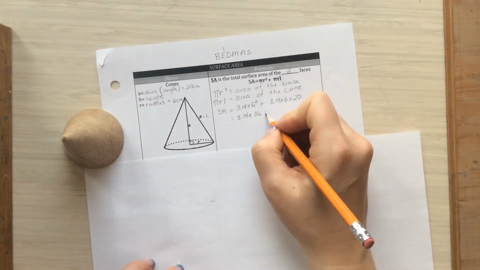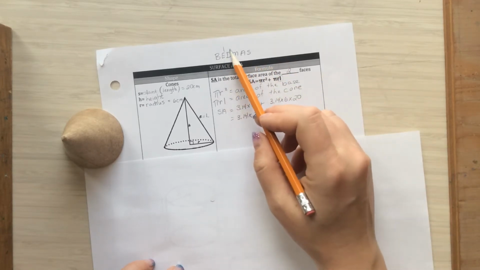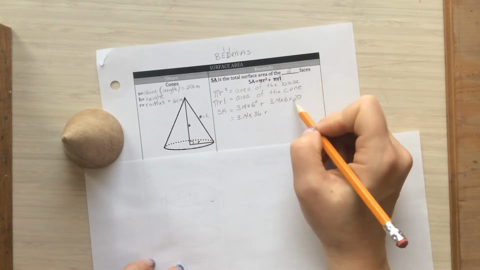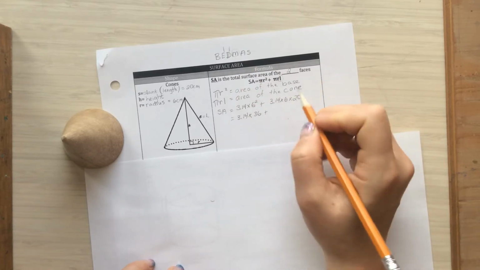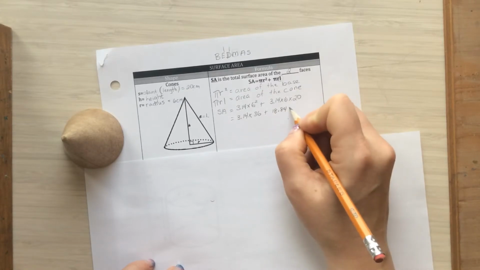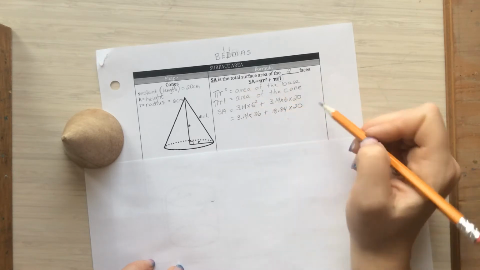And then we're going to do some multiplication. There's no more exponents, and we don't have any division, so now we're going to look at some multiplication. Let's do one at a time. So 6 times 3.14 is 18.84 times 20. We haven't done anything with the 3.14 or the 20.